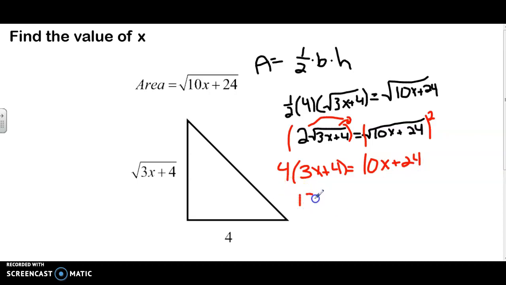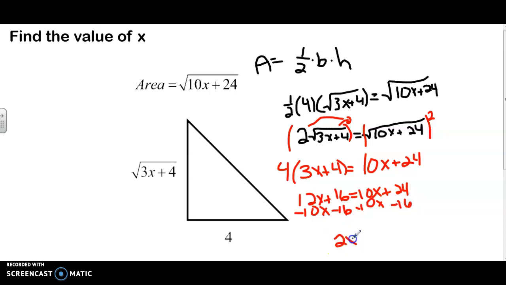So I'll distribute this. I get 12x plus 16 equals 10x plus 24. Then we get the variable on the same side by subtracting 10x from both sides. And we'll subtract 16 from both sides.